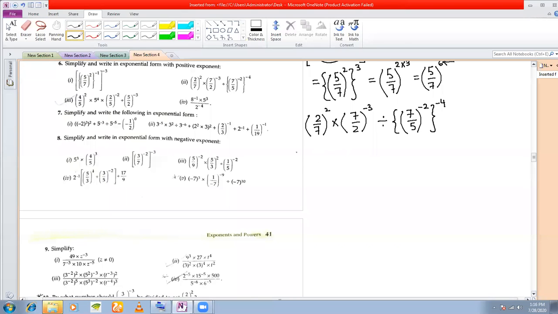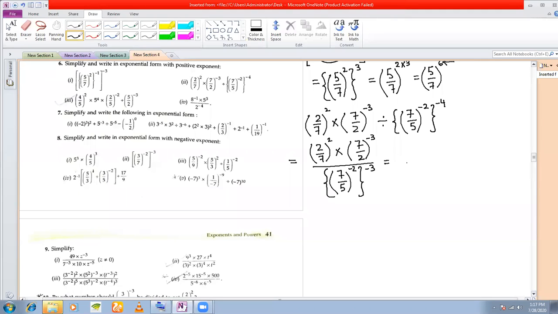By BODMAS, first I will carry out the division. So what I'll do is I'll convert this to a fraction first. 2 by 7 whole square into 7 by 2 to the power of minus 3 divided by 7 by 5 to the power of minus 2, which has now again been raised to the power of minus 3.